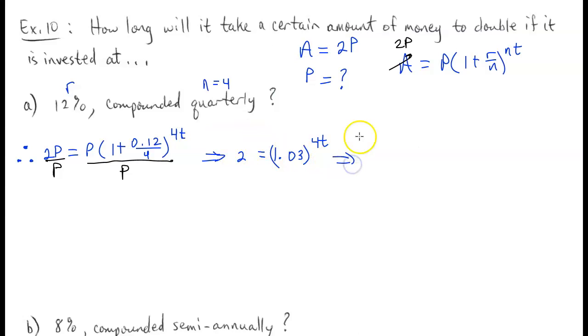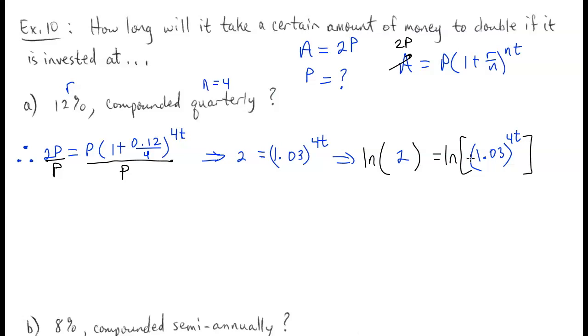From there, we can do like what we did before in taking the natural log of both sides. So here, this will just be natural log of 2 on this side, and natural log of 1.03 raised to the 4T on this side.